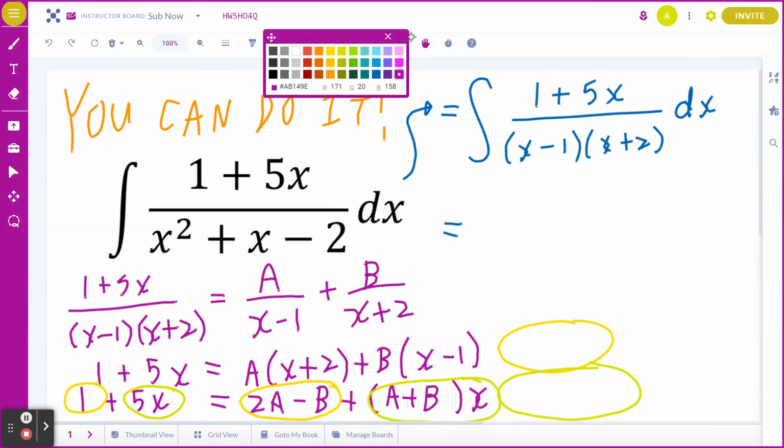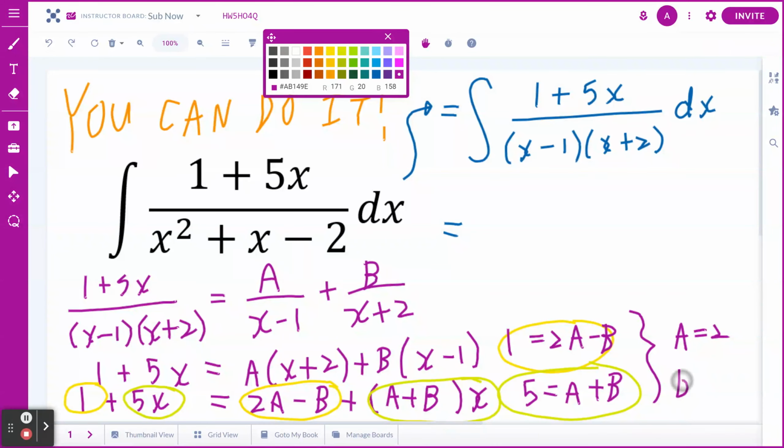So 1 equals 2A − B, and 5 equals A + B. This goes back to what we used to call grade 10 academic math, two equations, two unknowns. I trust that you can solve this, using the method of elimination, substitution, whatever you decide. When you work it out, A equals 2, B equals 3.